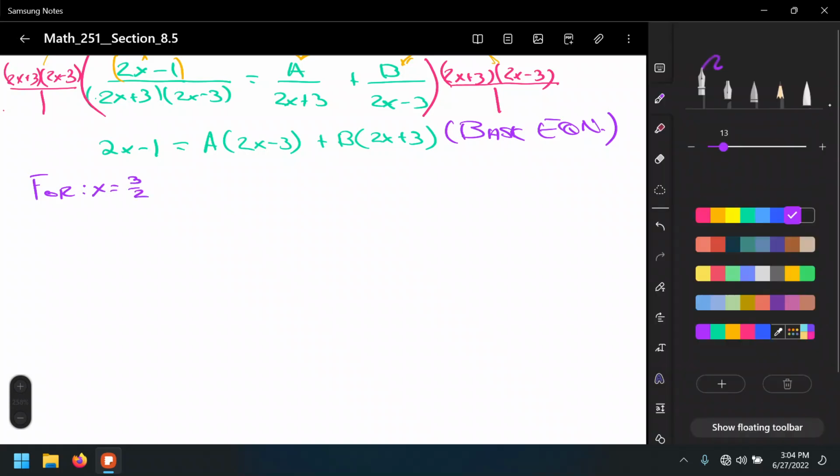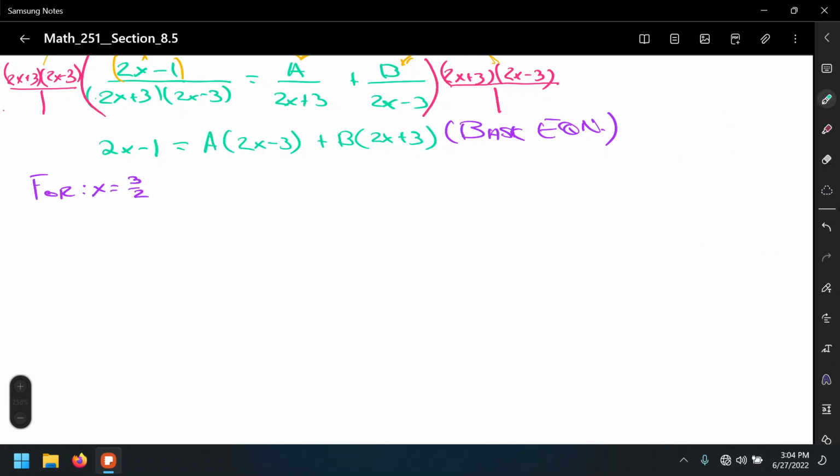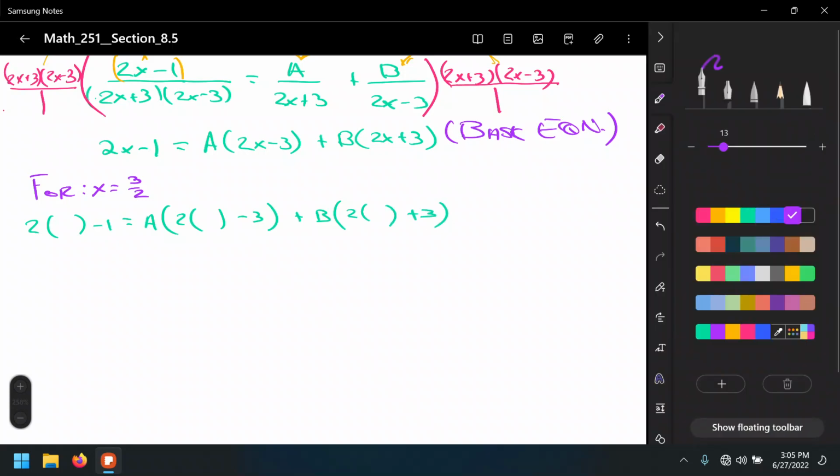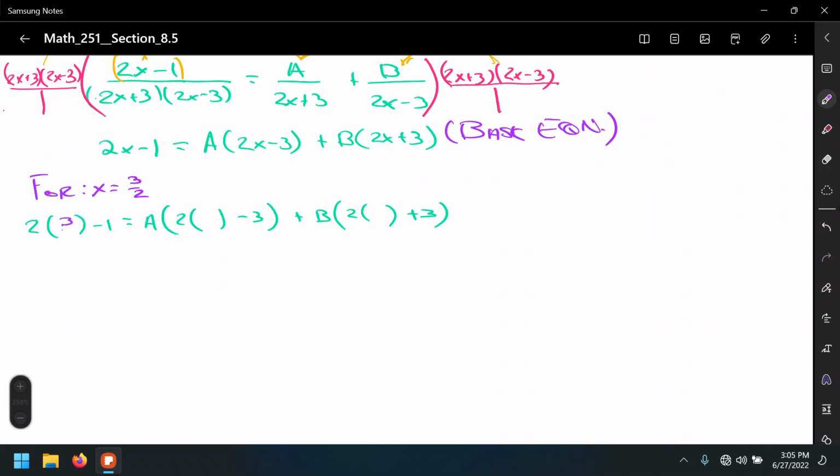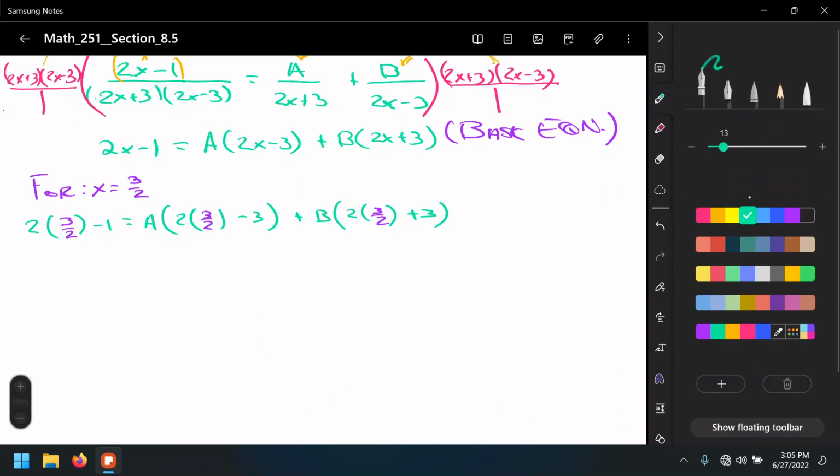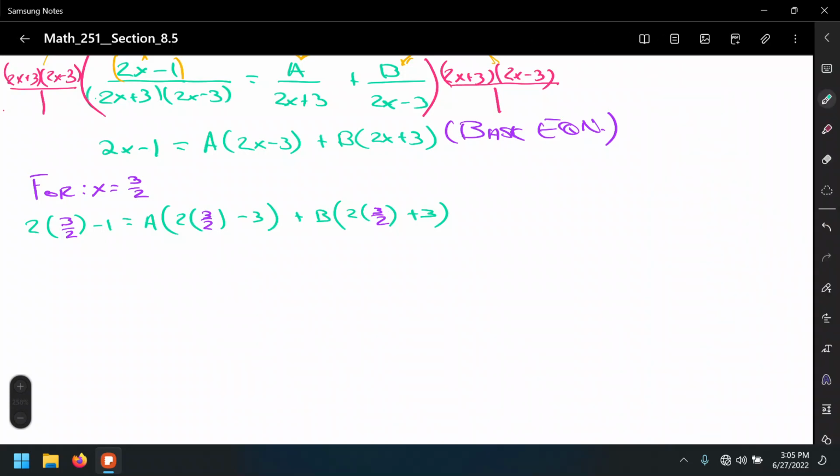So we're going to have 2 times 3/2 minus 1 equals a times 2 times 3/2 minus 3 plus b times 2 times 3/2 plus 3. So that's 3/2, 3/2, 3/2. Okay, so let's simplify.